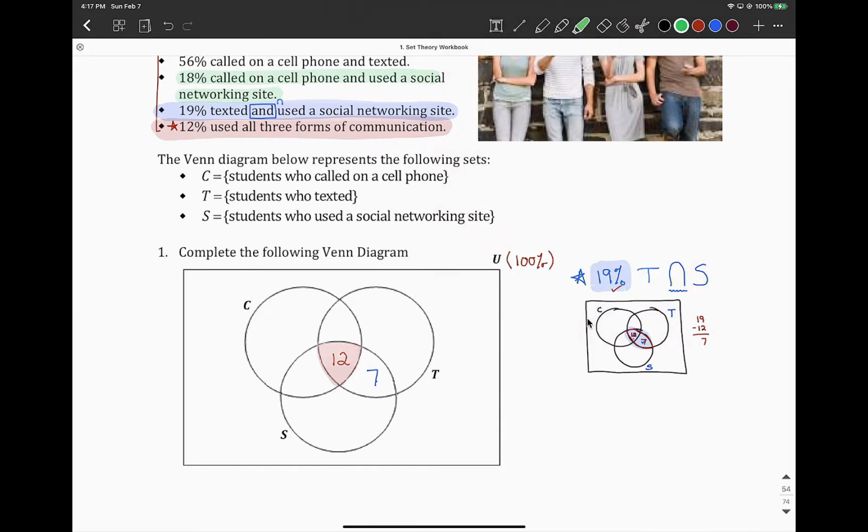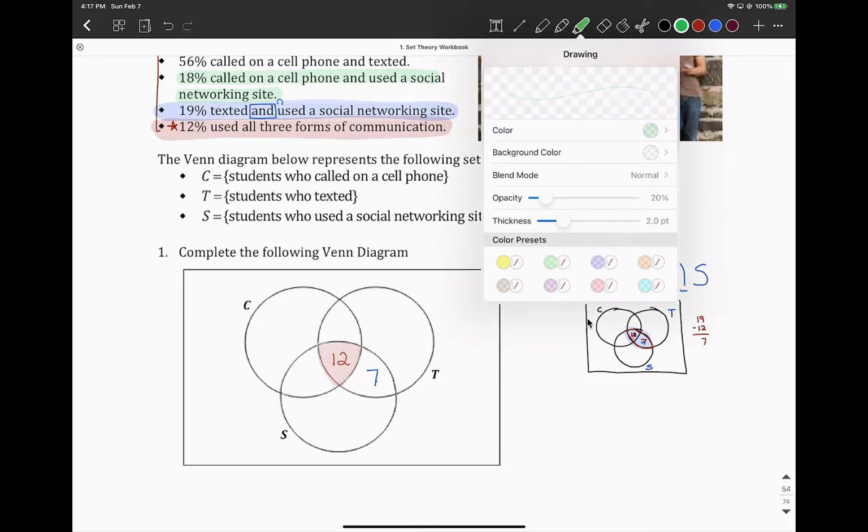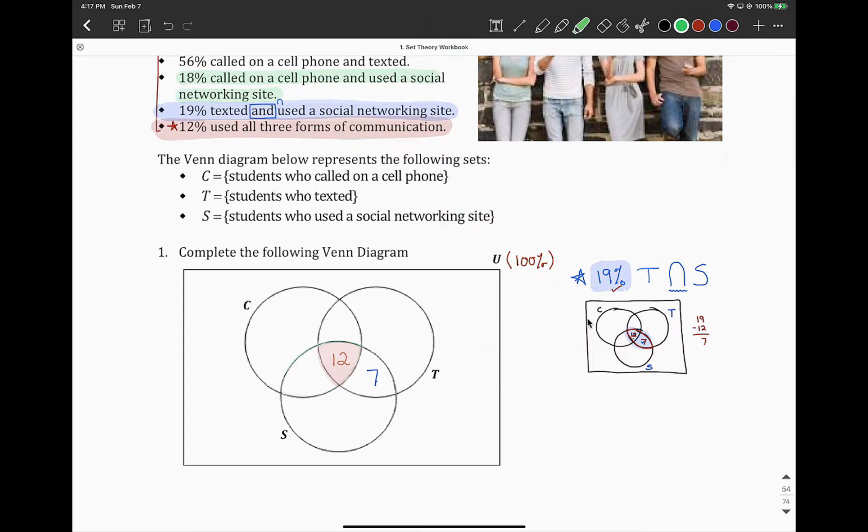It's talking about this entire region, which again uses the 12. And as I take my 18 and subtract 12, it leaves only 6. Here was my 19.